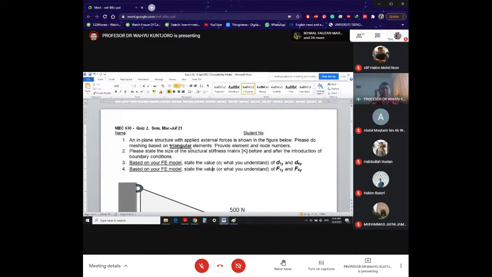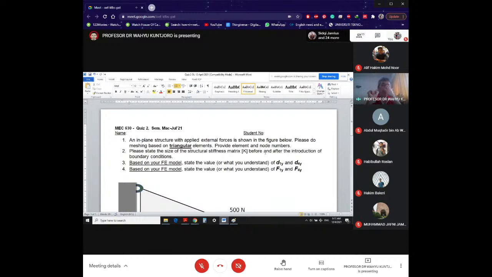Number one, you have to do meshing using triangular elements. Remember what I explained regarding the procedure and the rules for meshing, where you put the nodes, etc. Don't forget that when you have a finite element model, you need to have both element numbers and node numbers.